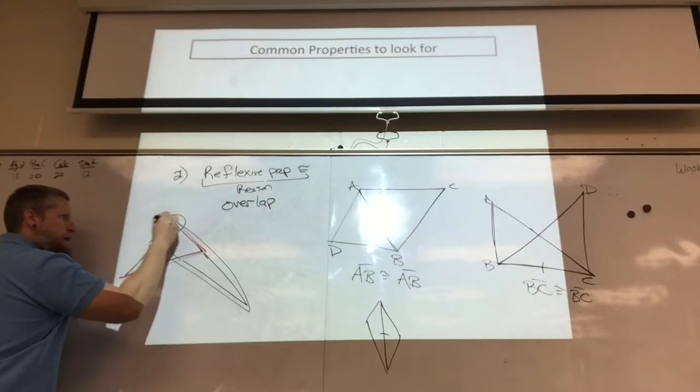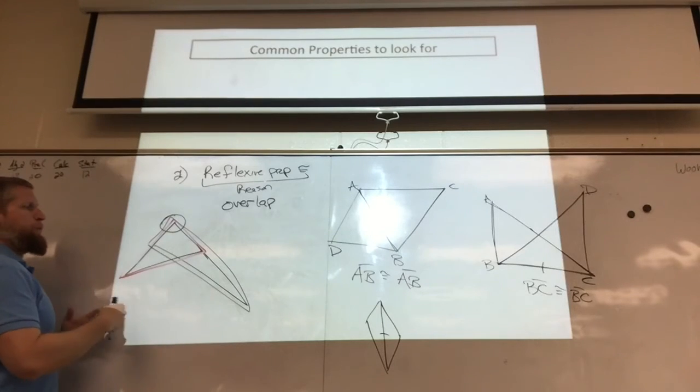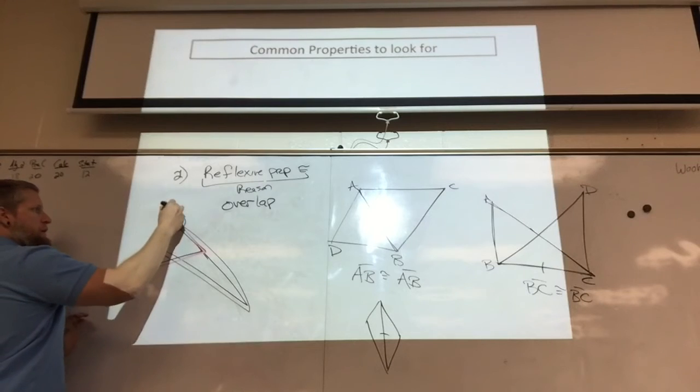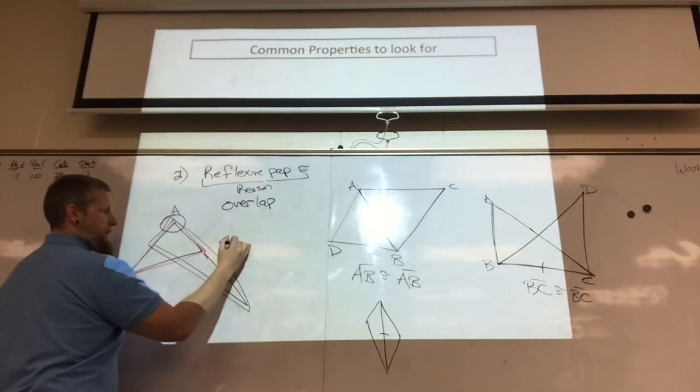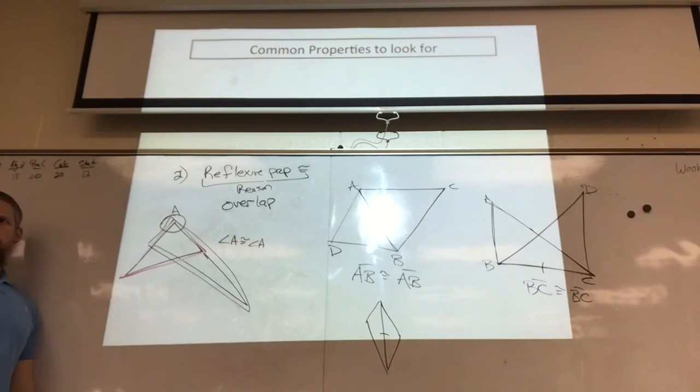You'd have an angle at the top that is a reflexive one. Angles should never be put as reflexive unless you see a picture that resembles that one. Let's say it's an A, then you could say angle A is congruent to angle A. And again, it's still reflexive.